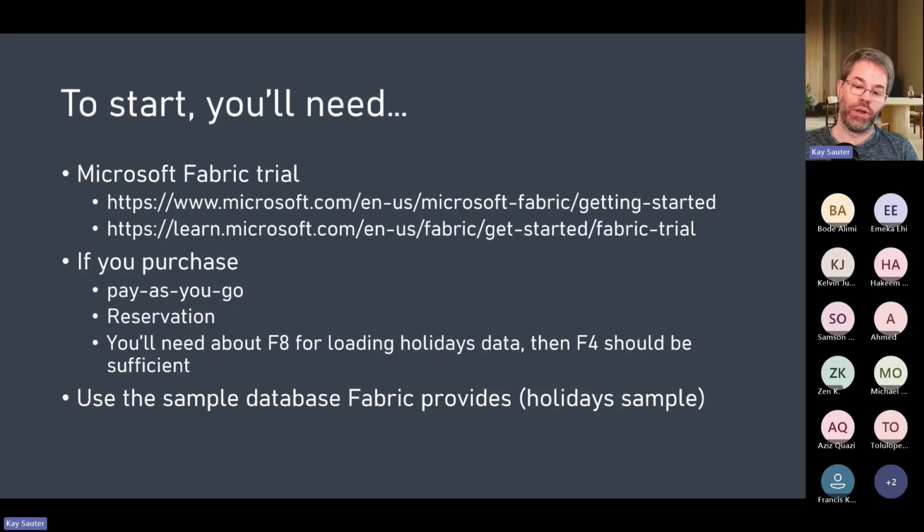If you are already paying something but still want to try something, I usually recommend the F4, which is relatively cheap. It's always in the eye of the beholder what is cheap or not, but this is one of the cheapest offers that Microsoft has for Fabric.